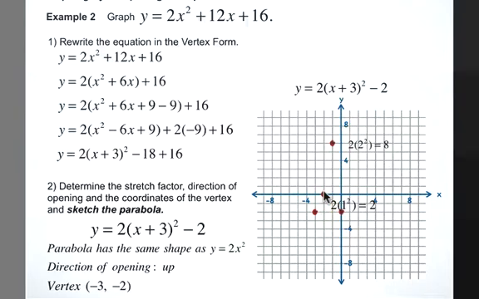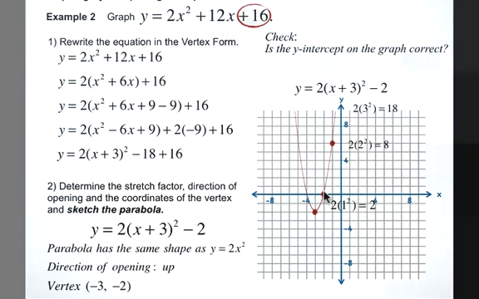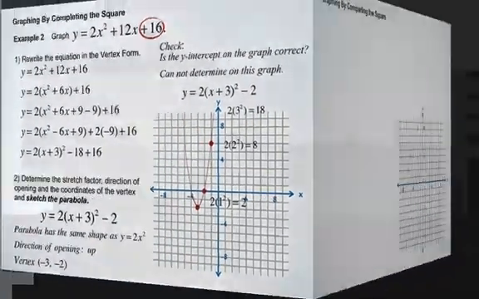Over 3, up 18. And we now can draw the parabola. We can check by looking at the y-intercept. The plus 16 of the y-intercept cannot be determined on this graph.